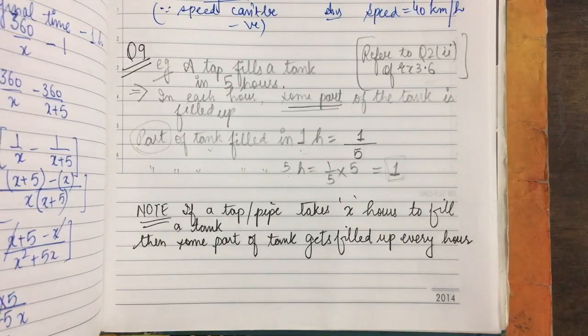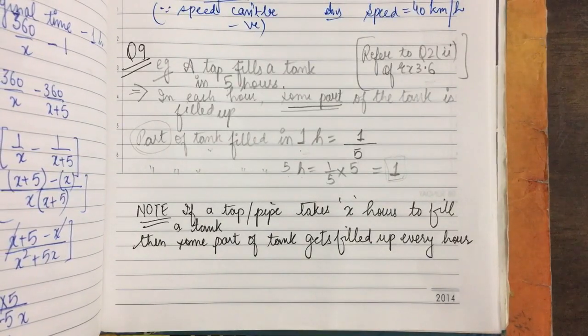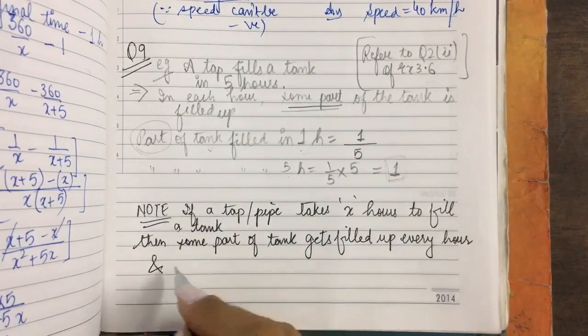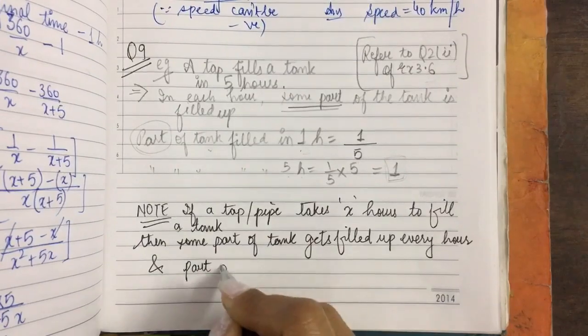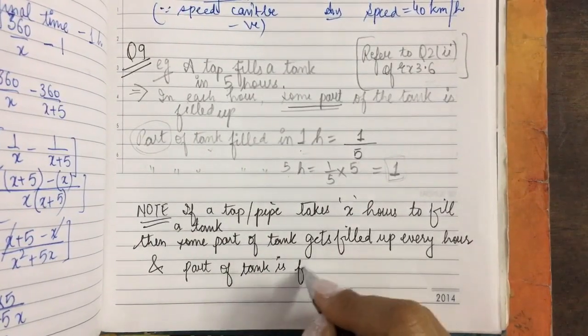Little by little the tank gets filled up. We are assuming that the speed of the water is consistent, and from here we can find out how much part of the tank is filled in each hour.